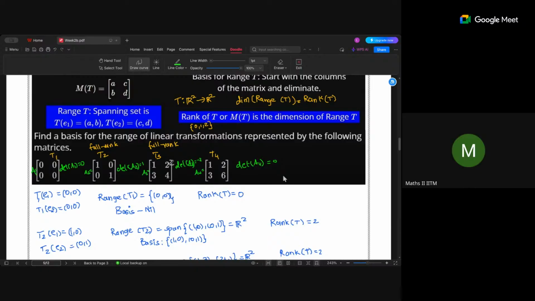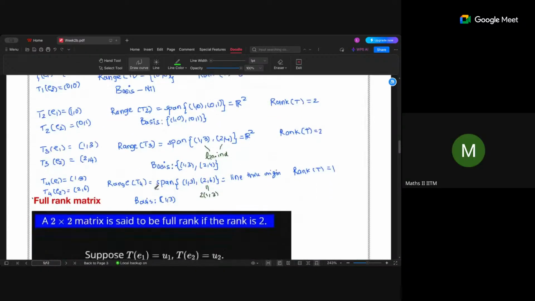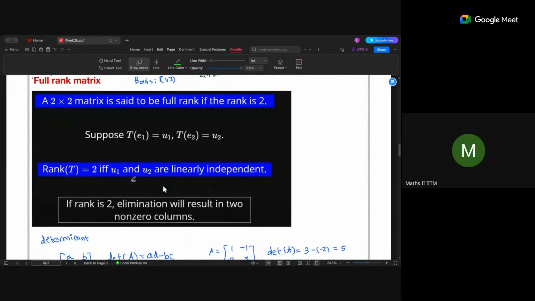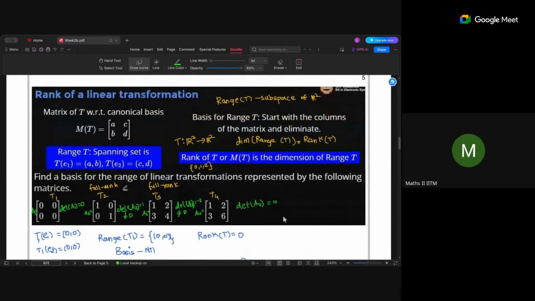So what do you notice? In this case, the determinant is non-zero. In this case also, the determinant is non-zero. So you see that a matrix is full rank if and only if the determinant of the matrix is non-zero. Full rank is possible only if the determinant is non-zero.